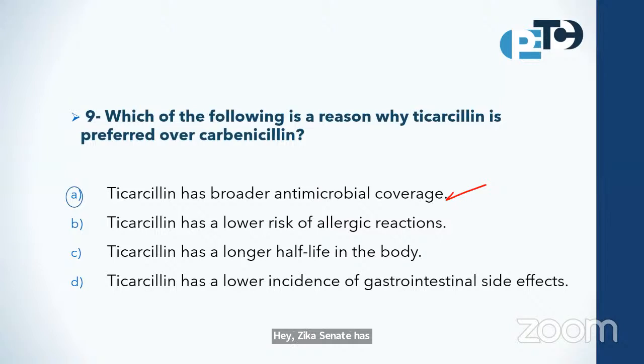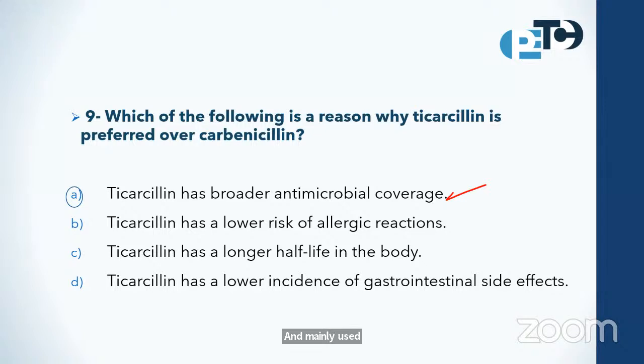Ticarcillin is a penicillin antibiotic that exhibits a wider spectrum of activity compared to carbapenem. It is effective against both gram-positive and gram-negative bacteria, including Pseudomonas aeruginosa, while carbapenem, on the other hand, has limited activity against gram-negative organisms and is mainly used against certain gram-positive bacteria.